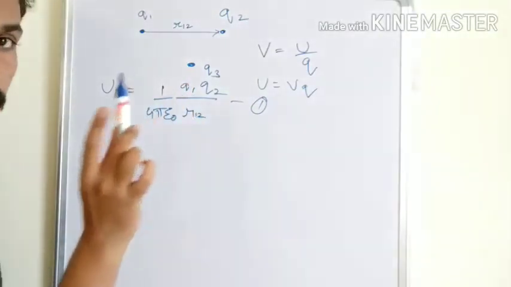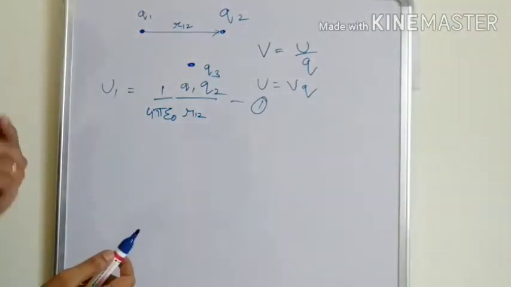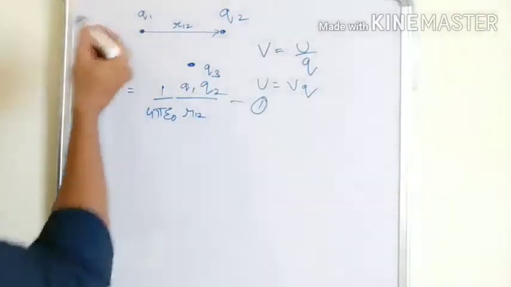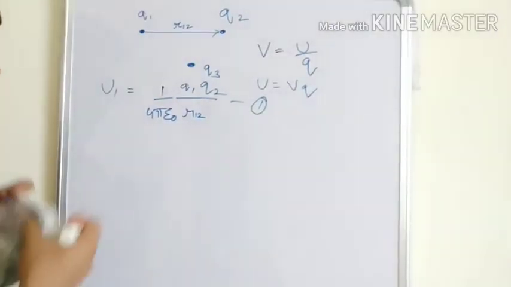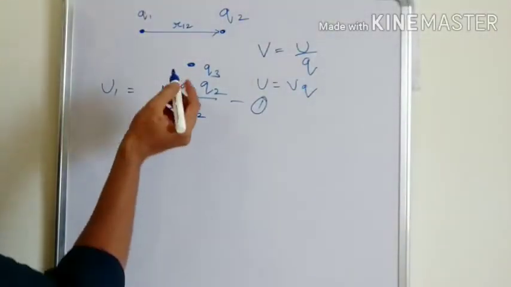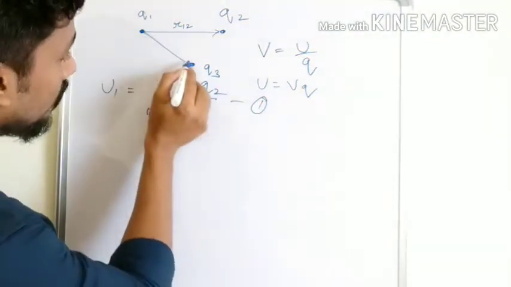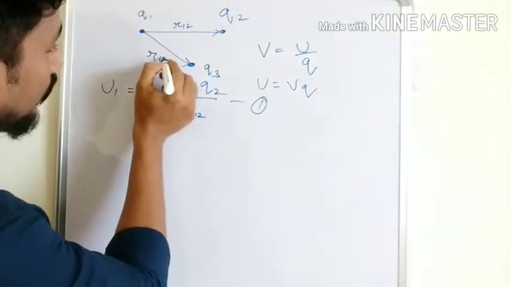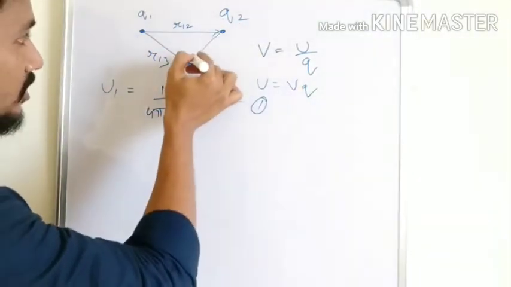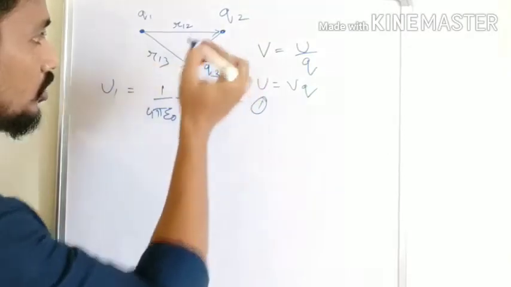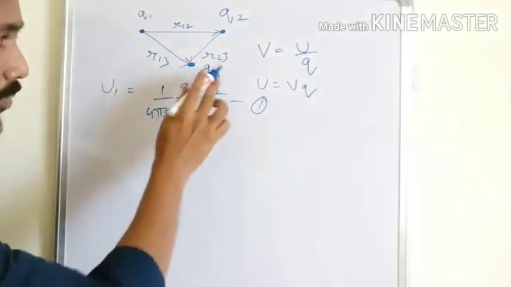When Q3 is brought here, it has to face two charges: first the electric field because of Q1, and then the electric field because of Q2. So first I make the distance from 1 to 3, which we call R13. Next we make it from 2 to 3, which we call R23. So this is Q3 when it is brought over here.